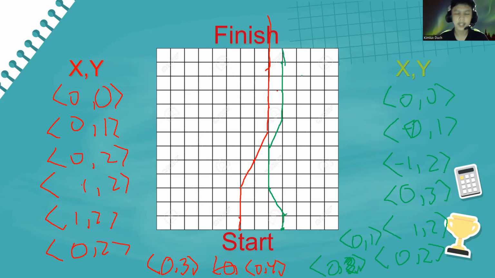So in a scenario where both of them finish the race on the same turn, 1, 2, 3, 4, 5, 6, 7. If you look at this, we take the person who reaches the finish line the farthest as the winner. As you can see, the red line finished further than the green. So we assume that the red is the winner of this racetrack.